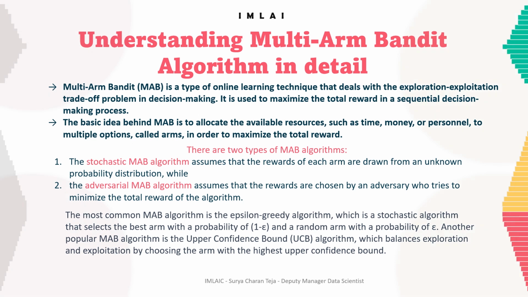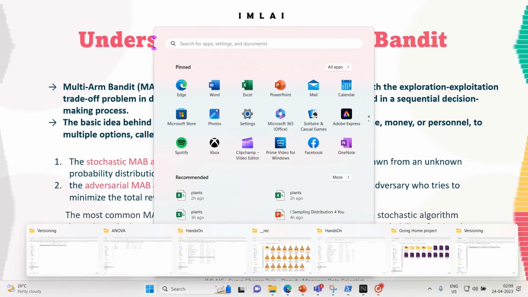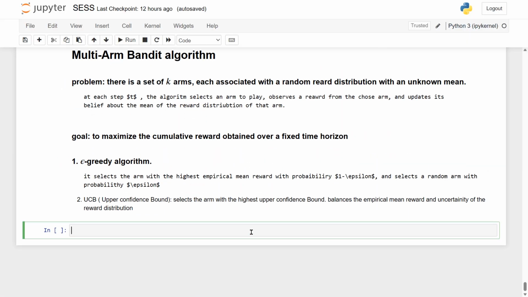This is pretty advanced. Let's consider an example of how a multi-arm bandit algorithm can be used in the context of advertising.